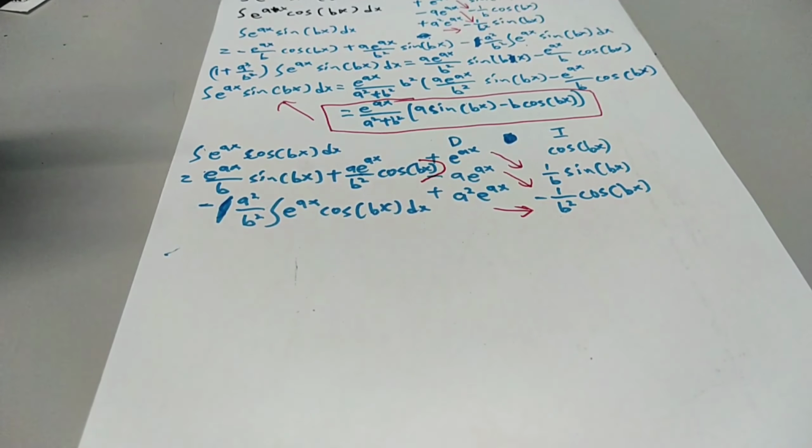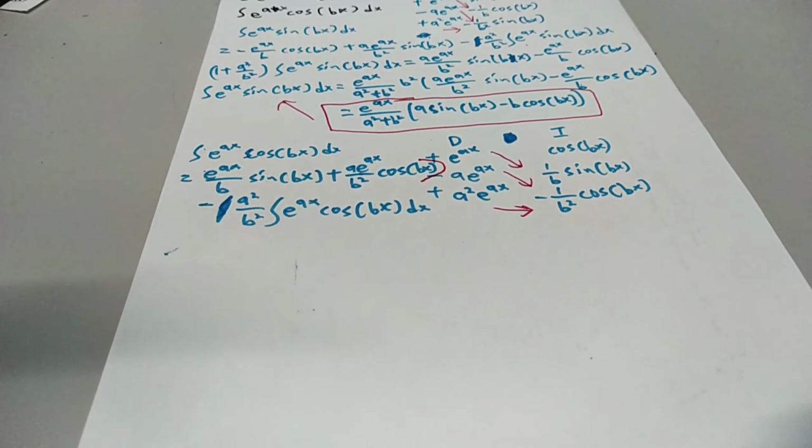And then these two terms are like terms, so we can actually factorize the integral of e power of ax times cosine of bx dx out.